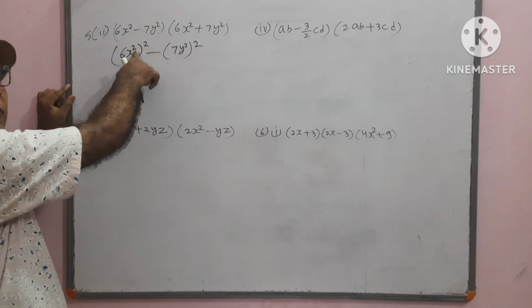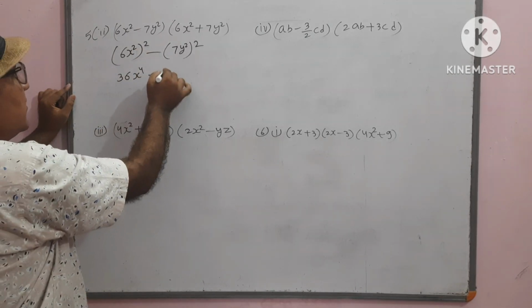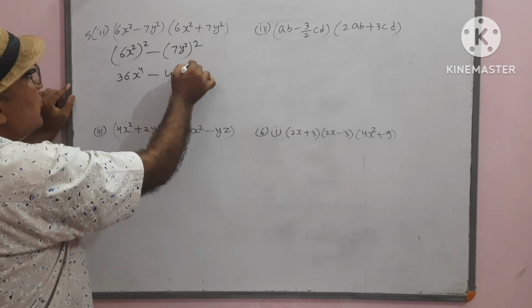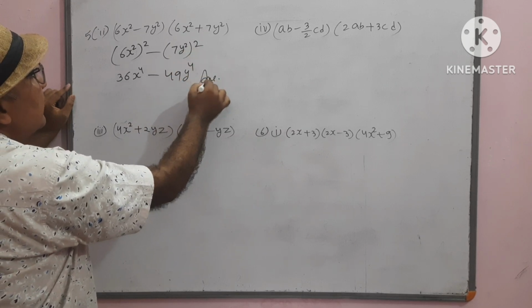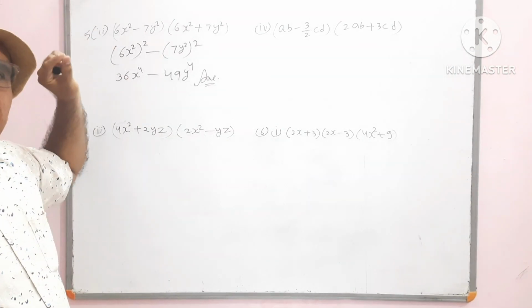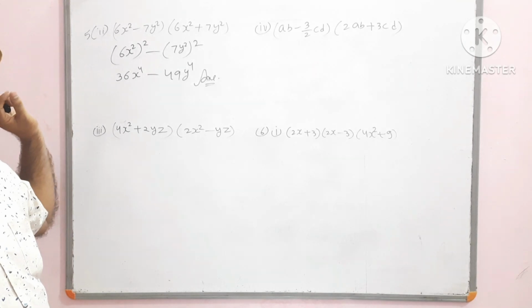Exponent over exponent are multiplied together. So 2 into 2, 4. Same here. 7 square is 49. Y square power 2 is y power 4. And this will be your answer. Till here you have applied the direct identity in the question and you have found your answer.